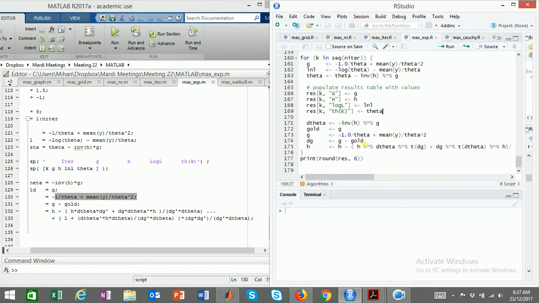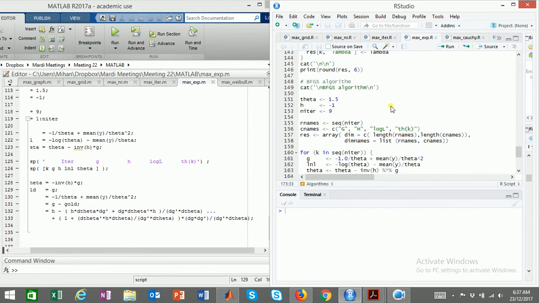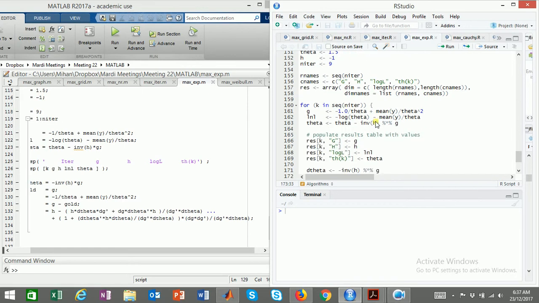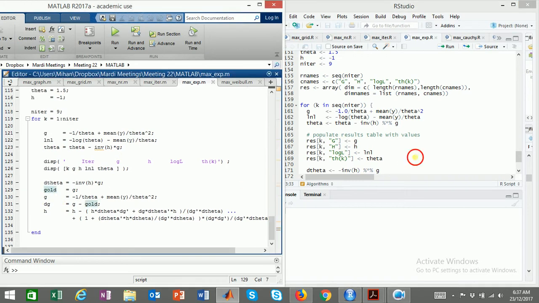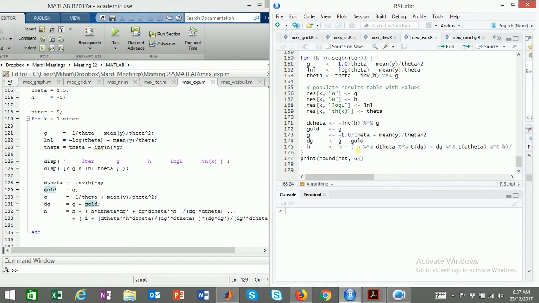D theta minus theta log L. Up to this is fine. Then LD, are you doing LD g old?